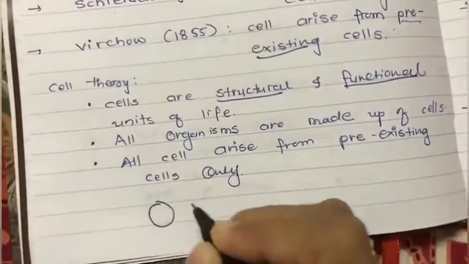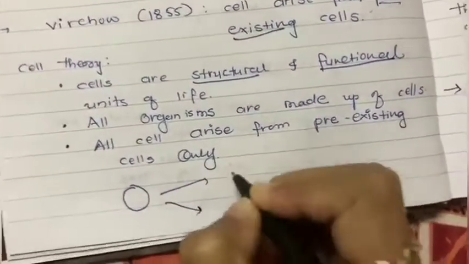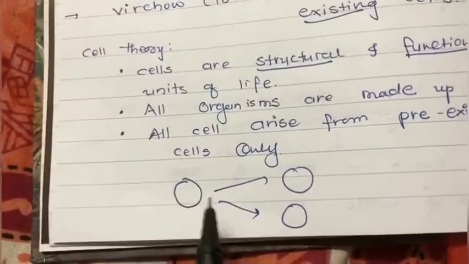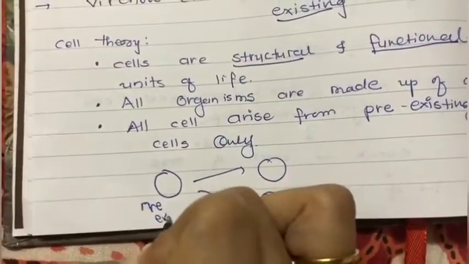Now what about the pre-existing? You know that in cell division, one cell divides into two daughter cells. Now where do these two daughter cells come from? This older one is known as the pre-existing cell, right?